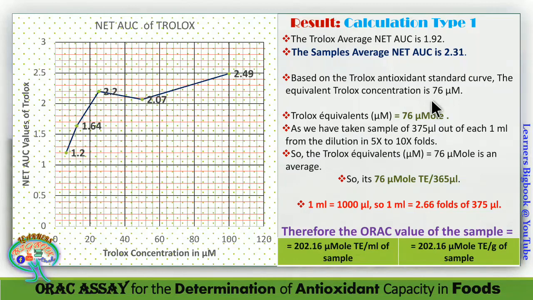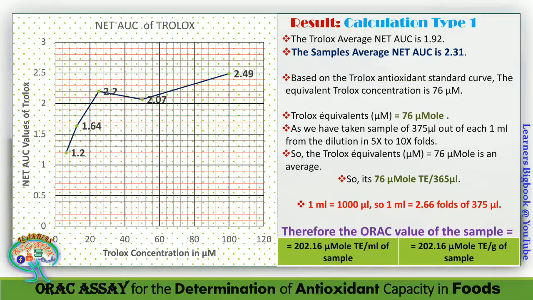So we have to calculate it for 1 ml, and also we have to observe that the 10x, 8x, 7x, 6x, 5x samples are the dilution folds which we have considered, each going to have a different concentration of the sample.